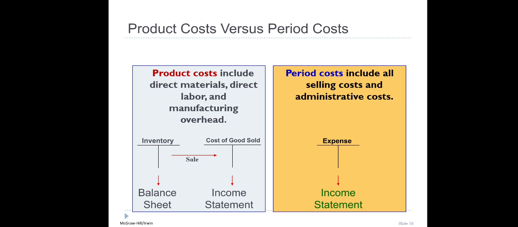Another category of cost is called period cost. Period cost includes all selling costs and admin costs. These costs are called period costs because most of the time a business has to pay these costs periodically. One example of selling cost is the salesperson salary.